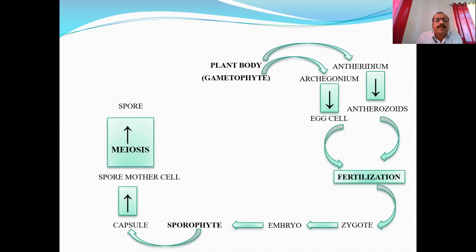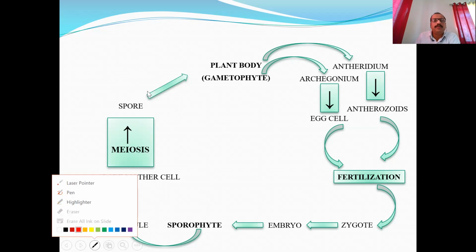And here I want to make one correction, which was not there in the previous video. Here, you can see the spore directly gives rise to the plant body in the case of lower bryophytes. In the previous talk, I mentioned, unknowingly or by mistake, that the spore gives rise to the plant body in lower cryptogams. The word should have been lower bryophytes and not lower cryptogams.